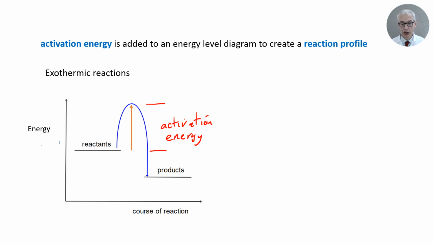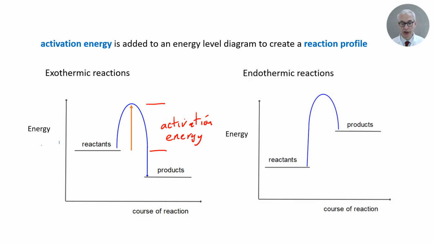Okay, so if we look at an endothermic change, our products have more energy than the reactants. We need to go from the energy level of the reactants to the peak of the activation energy curve. So that will correspond to, of course, the activation energy.